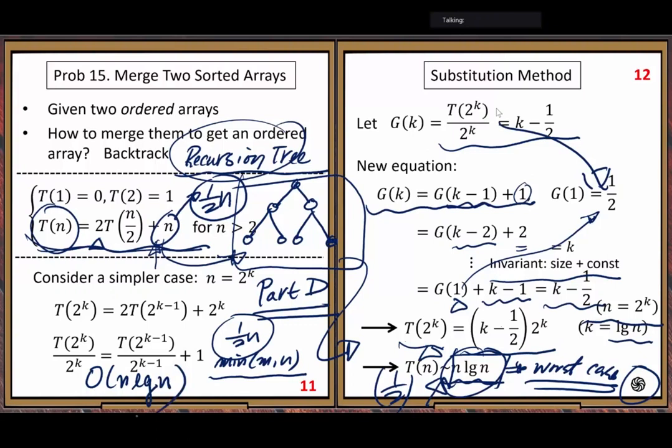All right. Then, what's the benefit for the merge sort? What is the advantage of the merge sort? Its worst case is controlled to big O of n log n.